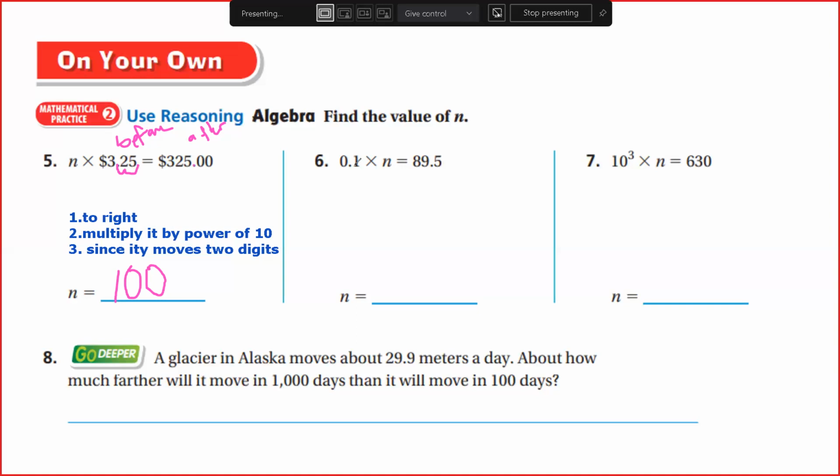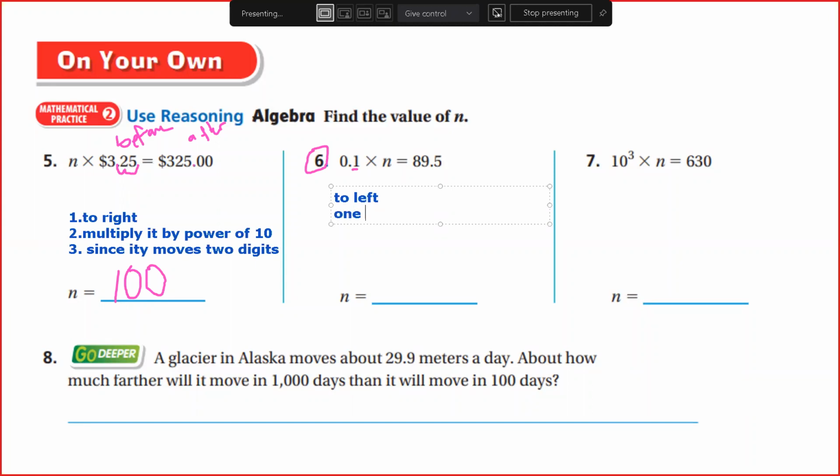To the left. Bravo. How many digits? 1. Bravo.